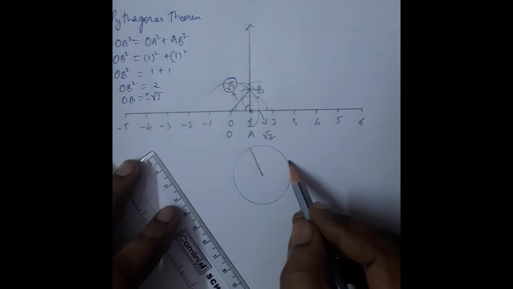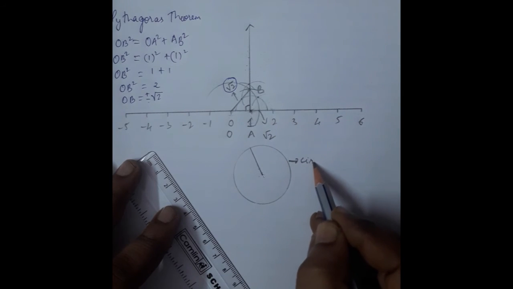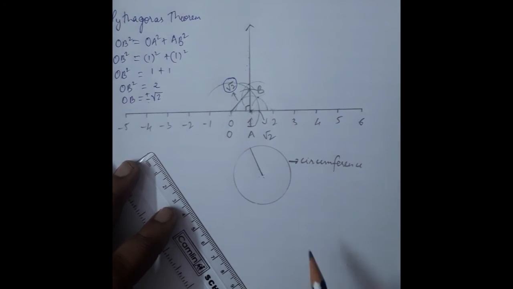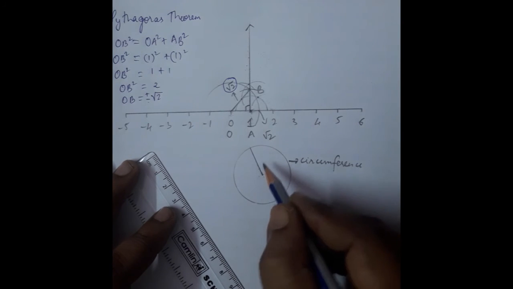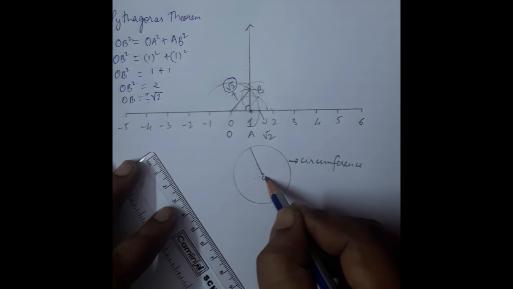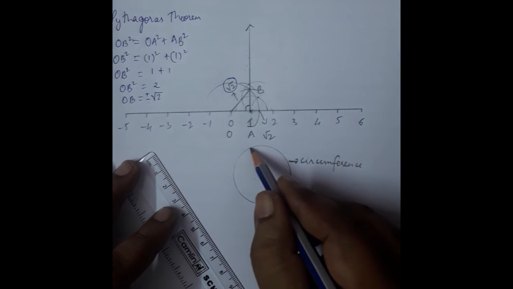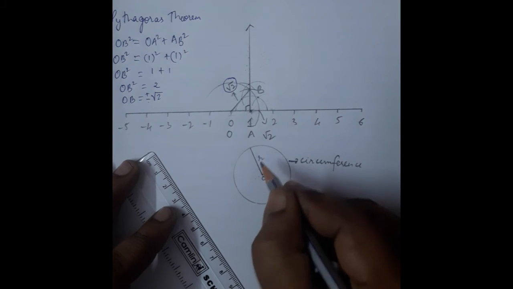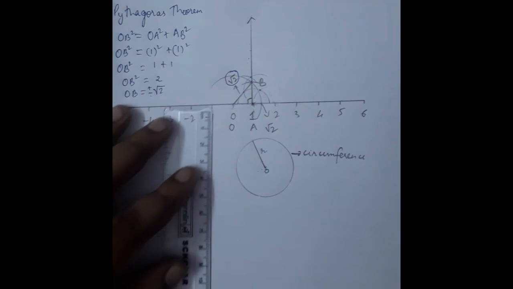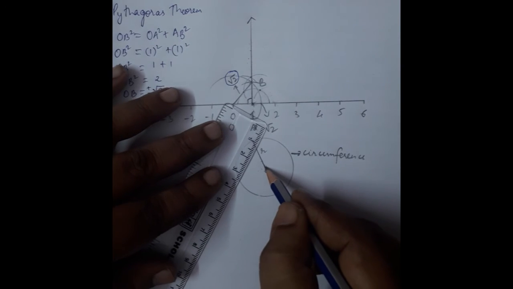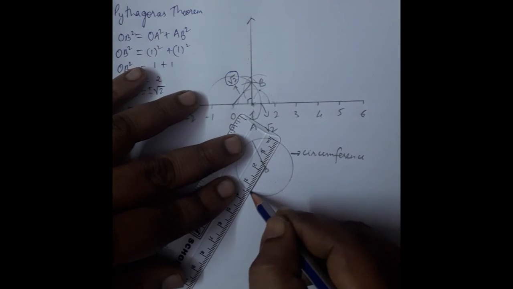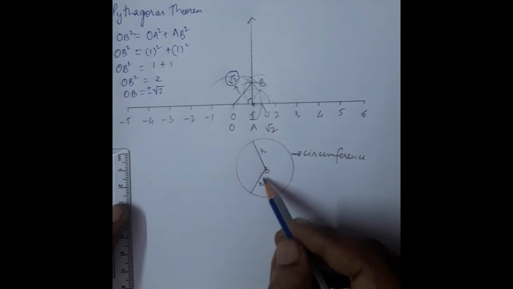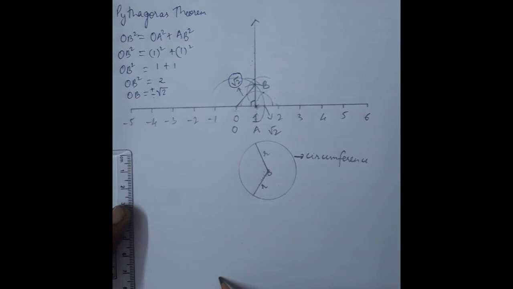This is known as the circumference of a circle. And this line which is drawn from the center of the circle, let's say it is O, to a point on the circle becomes the radius. Similarly, if I draw another line from here to any other point on the circle, this too becomes the radius, and they are of equal lengths.